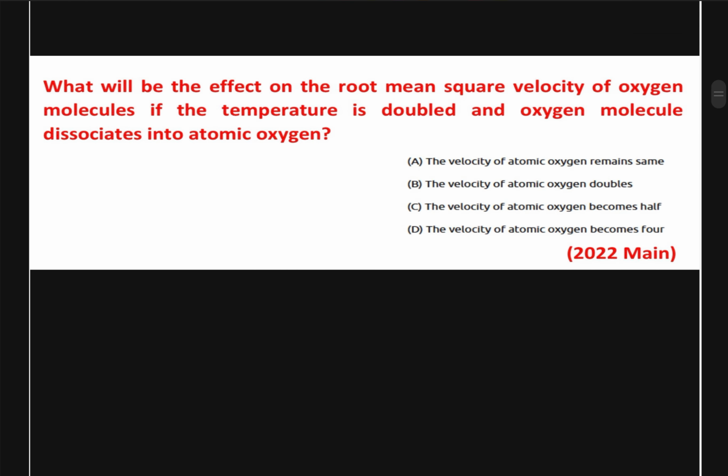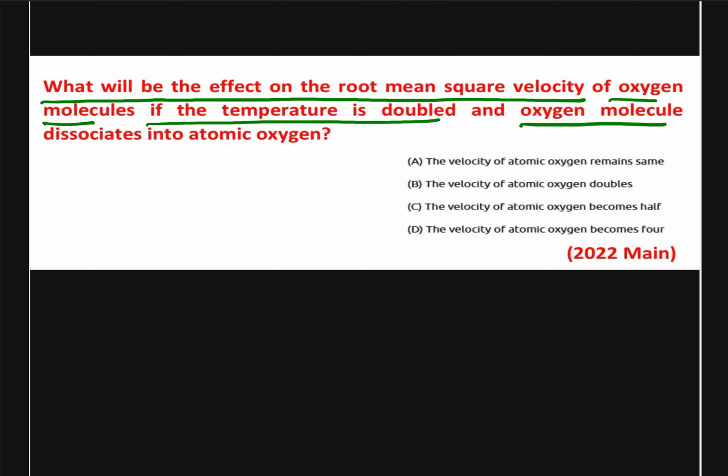Next question. It states, what will be the effect on the root mean square velocity of oxygen molecules if the temperature is doubled and oxygen molecule dissociates into atomic oxygen.